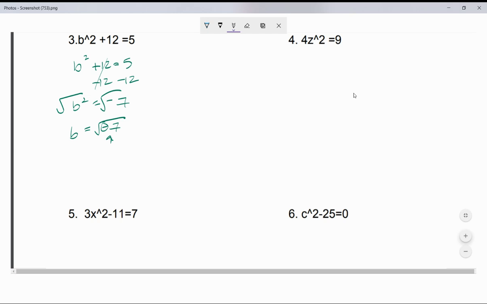This doesn't make any sense. This is not cool. Okay, so b would just be undefined. And if you do put this into a calculator, it would say domain error.